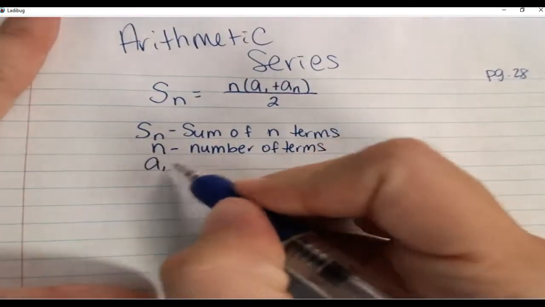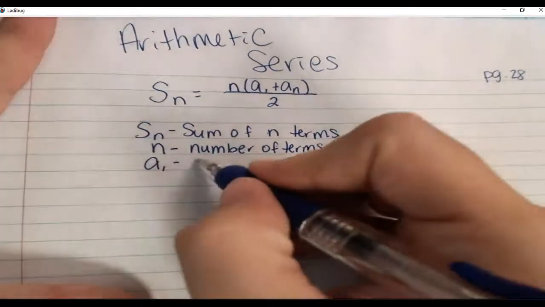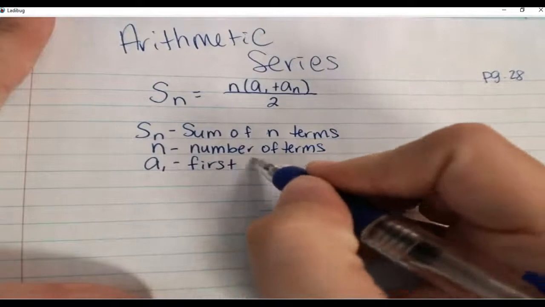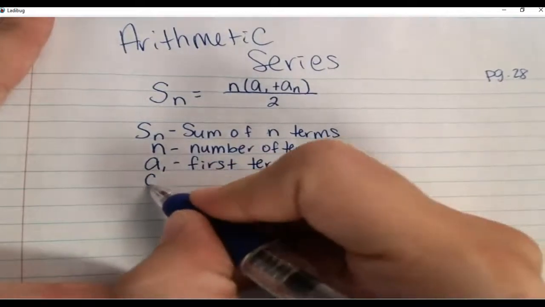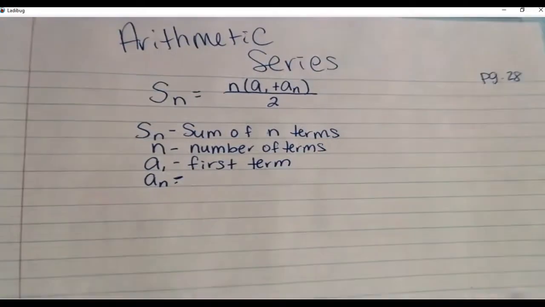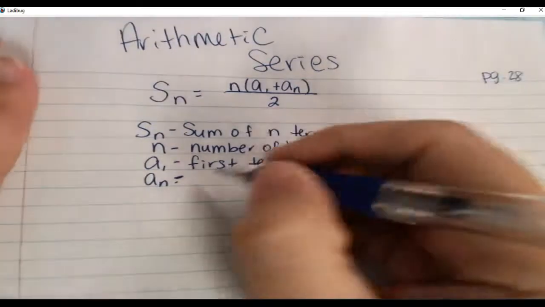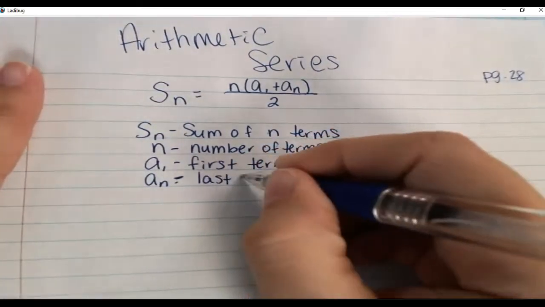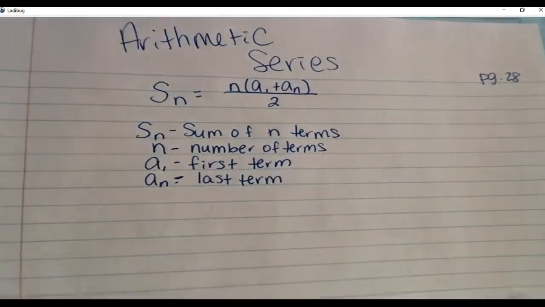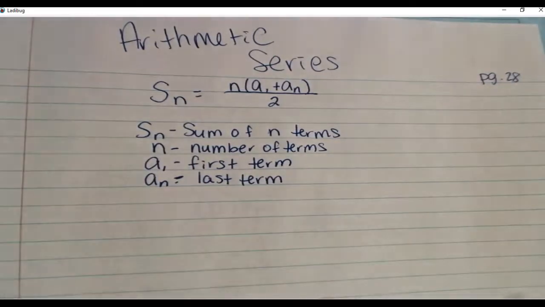A1 is which term? Yeah, the first one, good. And then an is the last term that we want. So like in these, if we want the first 12 terms, an is the 12th term. So it's like the last term that we're looking for. So in order to find the sum, we need those 3 things. We need n, a1, and an.